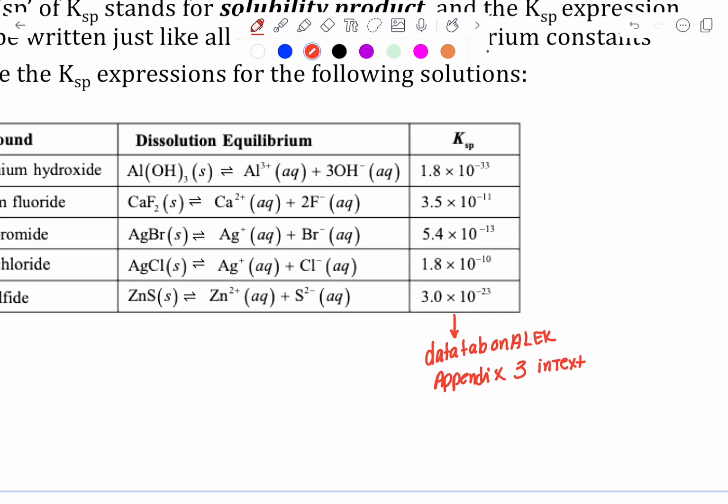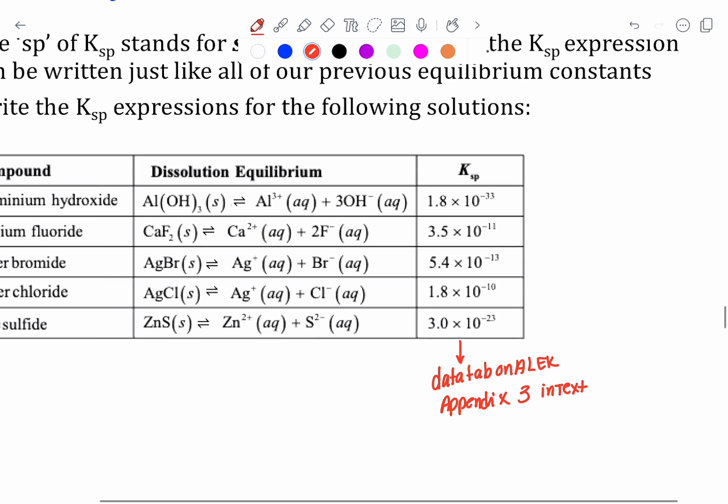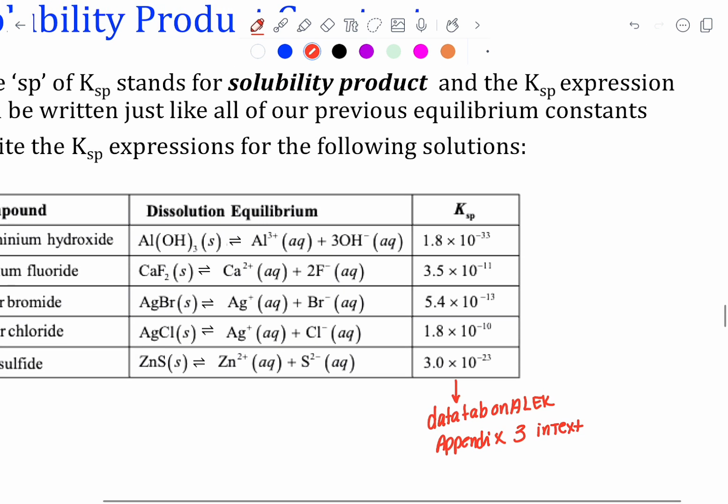So we have to remember that these Ks are still going to obey our rules of equilibrium expressions. So it's going to be the concentration of the products over the concentration of the reactants raised to their molar quantities from their balanced chemical equations. We have to remember that if they have a coefficient out in front, that we have to raise them to that coefficient.